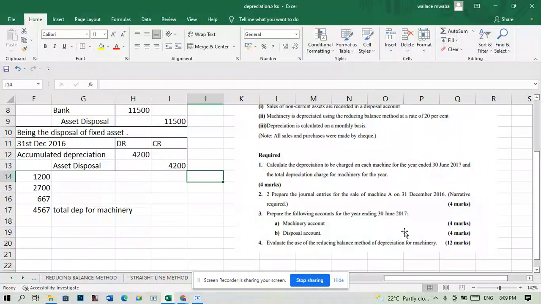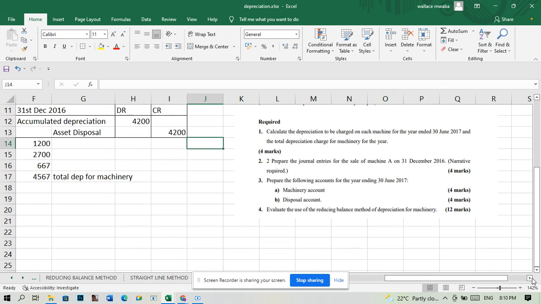And the disposal account. Okay, machinery account and disposal account. Right, so we're going to start with the machinery account.